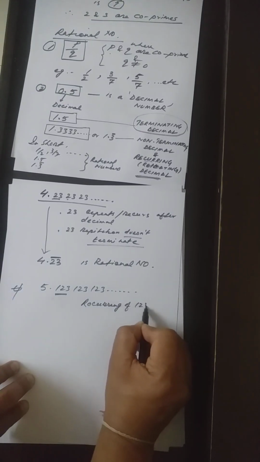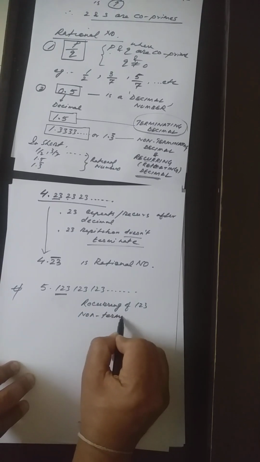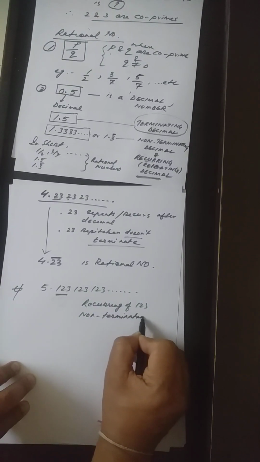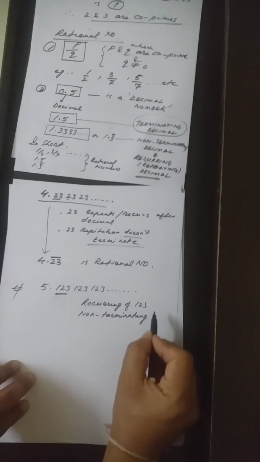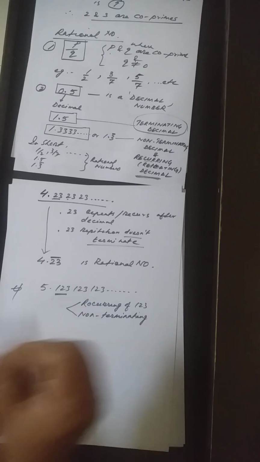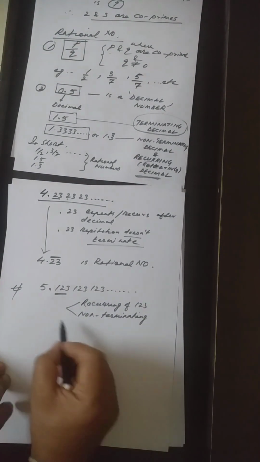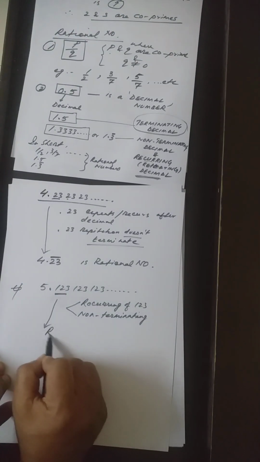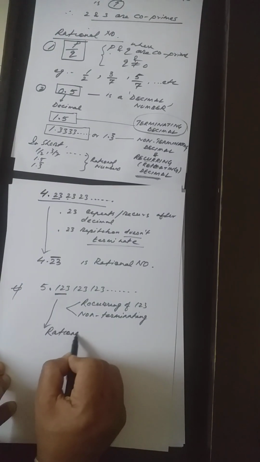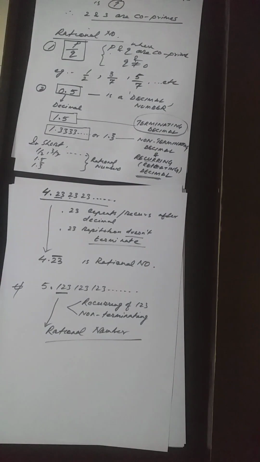Recurring of 1 2 3, and non-terminating, meaning 1 2 3 1 2 3 keeps on repeating and doesn't end anywhere. So when both these properties are exhibited by any decimal number, then such a number will be classified as a rational number. Hope this much is clear to you.